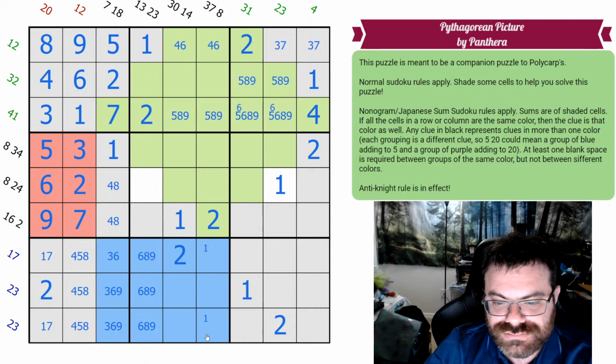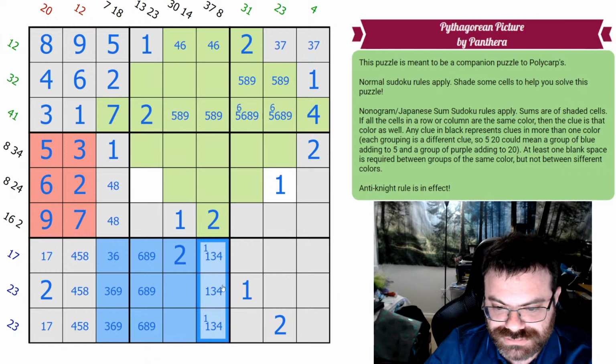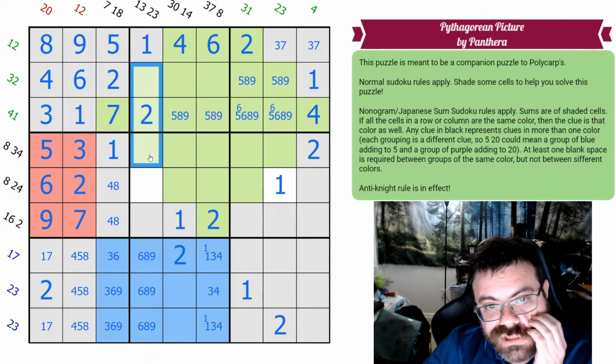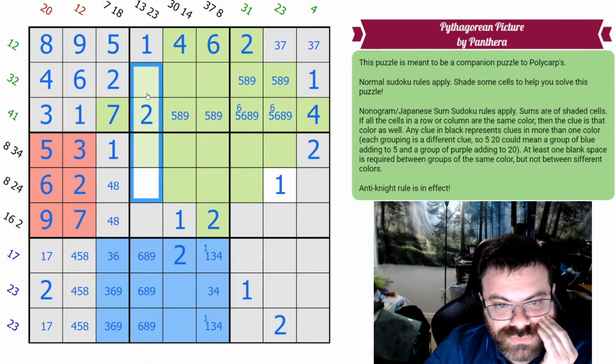Oh, here, this 8, can't use a 2 anymore, so that has to be 1, 3, 4. But that 1, 3, 4 now means this is 6 and 4. What about 13? Can I do 13 and 4 without a 1?